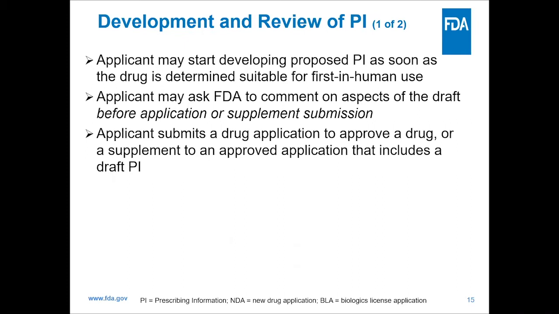So for example, a drug may be approved in asthma in adults, and subsequently they'll come in and ask for the drug to be approved in a new population, such as pediatric patients. They conducted additional studies, so they'll submit a supplement to that application. As part of the requirement for the application or supplement, they'll submit a proposed labeling, a proposed prescribing information.